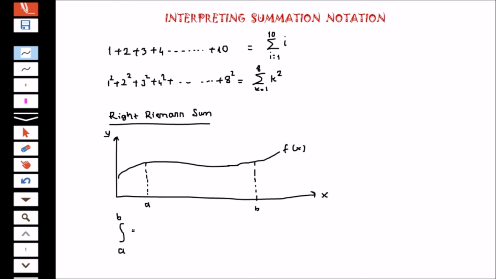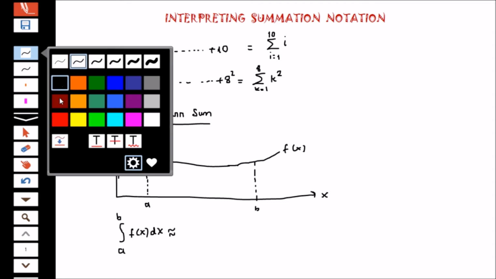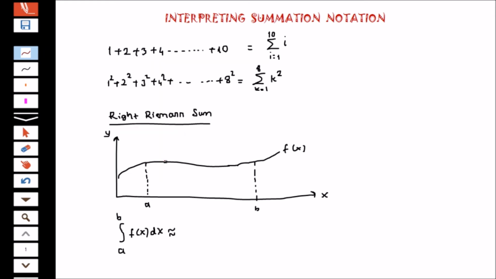The integral of f of x from a to b is approximately equal to a right Riemann sum. To write the values of the right Riemann sum, I would like to give some unknowns for a and b. If I say a is x0, the initial x value, and I would like to show the right rectangles here.